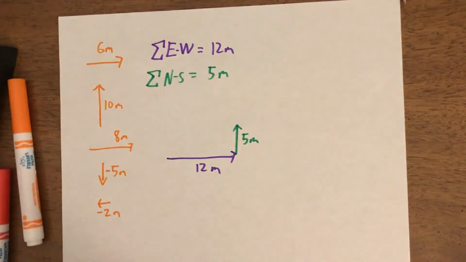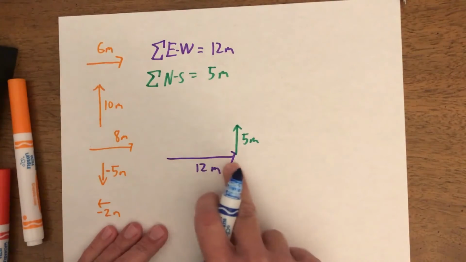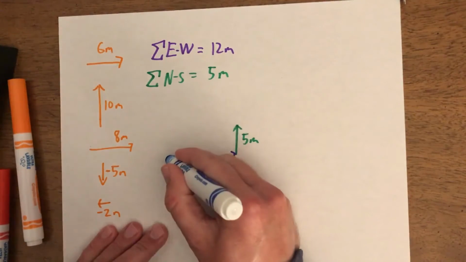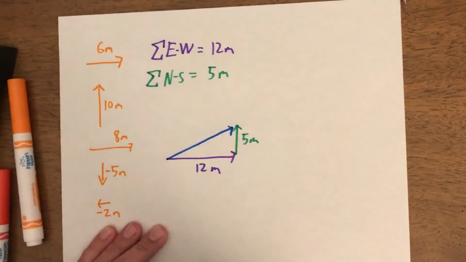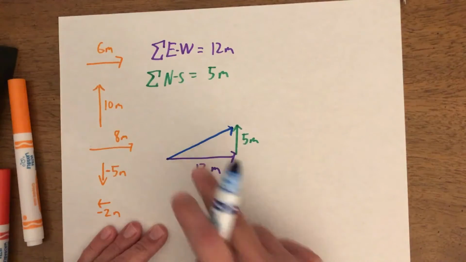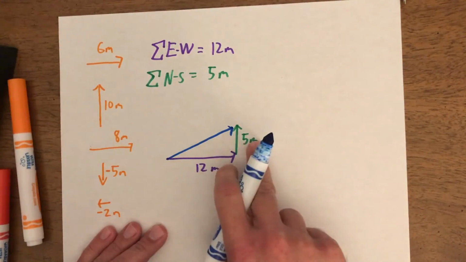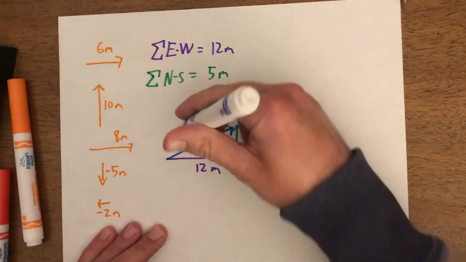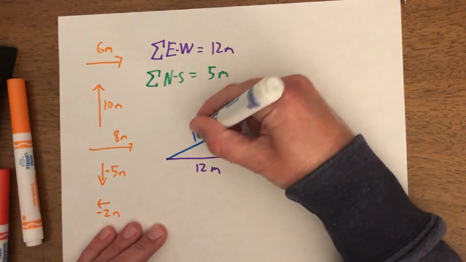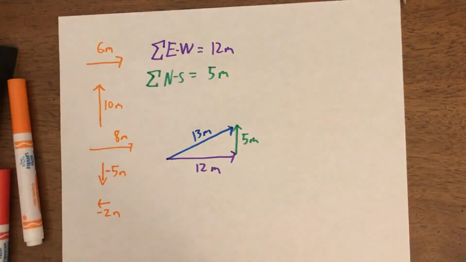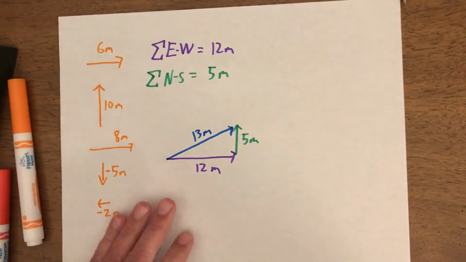And now do you see, we're back to having a nice right triangle that we can use the Pythagorean theorem with. So 12 squared plus 5 squared will give us the square of this side right here. And it turns out 144 plus 25 gives you 169. Then take the square root of that and you get 13 meters is the overall displacement.